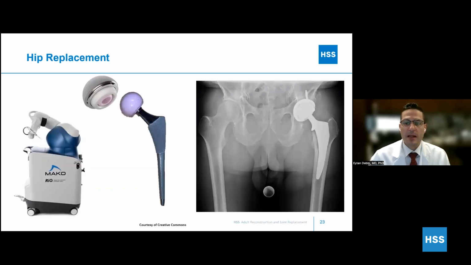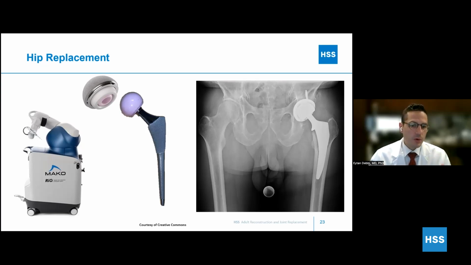So then we talk about hip replacement. Hip replacement is the surgery I perform on a very regular basis. Hip replacement surgery is one of the most common surgical procedures performed in the United States, and it's been termed the operation of the century. The reason for that is the pain relief and improvement in function that it provides patients.